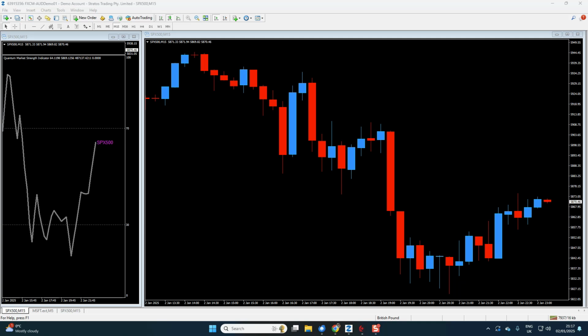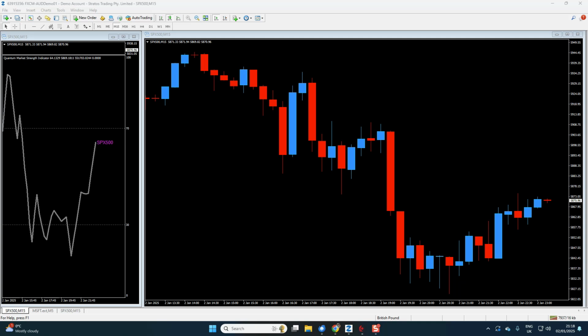And that's where the Market Strength Indicator really steps in. It gives you an idea of when the instrument that you're considering is either overbought or oversold. And that's why I kept this very, very simple, to try and give you that perspective, that view, where the indicator goes well beyond the 70 area, and in this case, well up to 90 before we started to see a reversal, and to the downside equally well below the 30, those two dotted lines that you see, which give a rough guide.